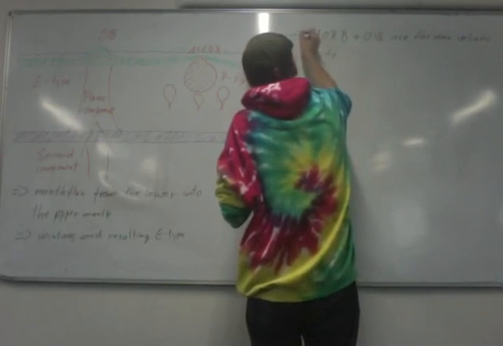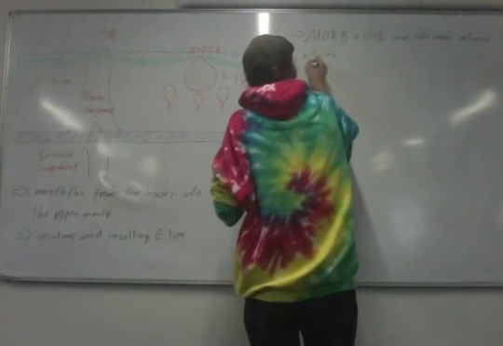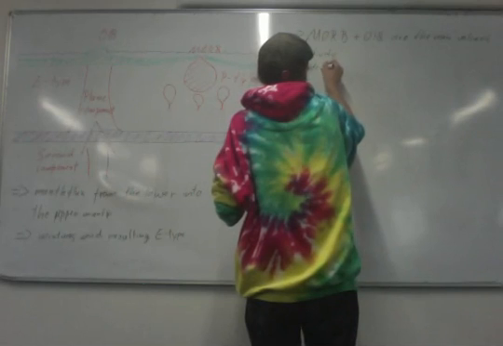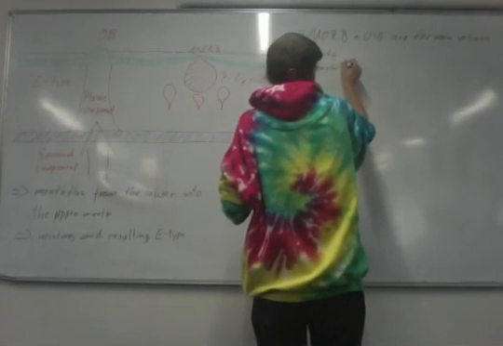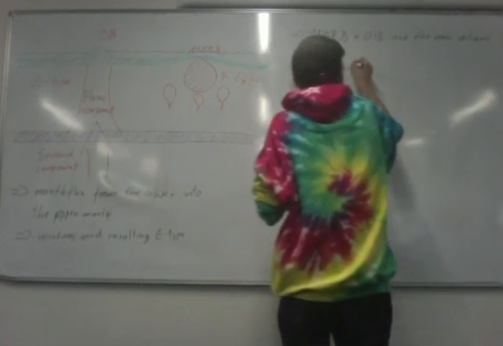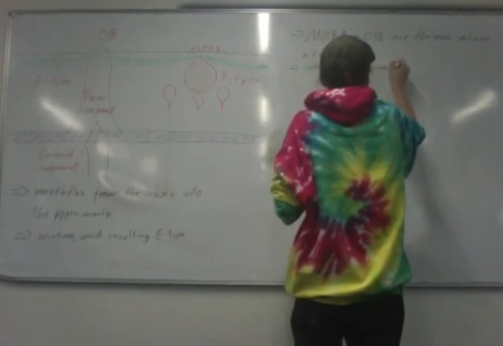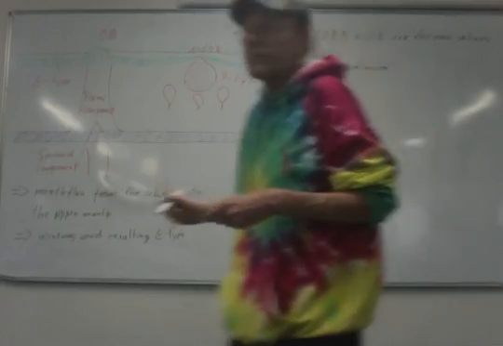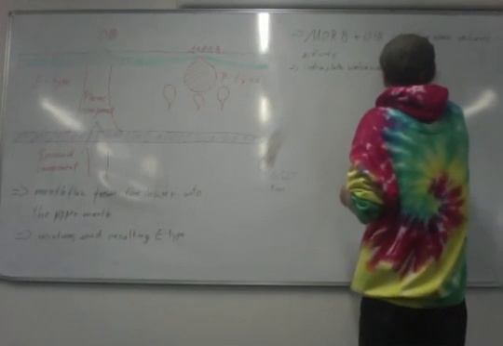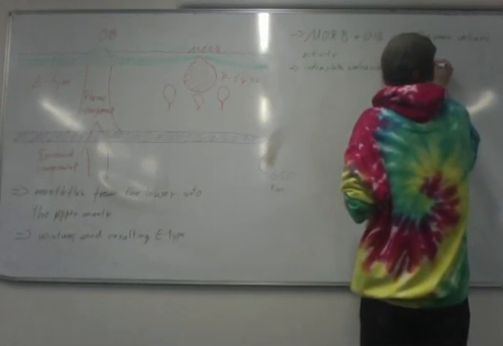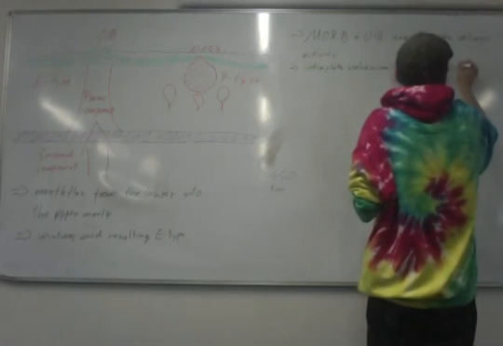So for example, intraplate volcanism is only 1 to 2%.